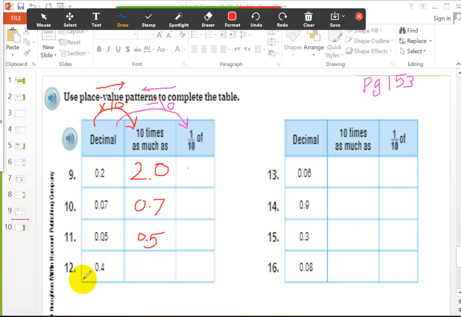Now this number: if I want to find the number that is 10 times as much as, you have to move the decimal point to the right side just one digit. That means it will be right here. So the number will be a whole number, 4.0.